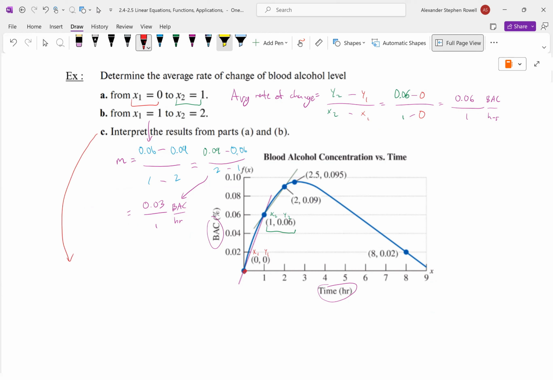Okay, part C, can we interpret this result? We say that the blood alcohol concentration rose by an average of 0.06% per hour for the first hour.